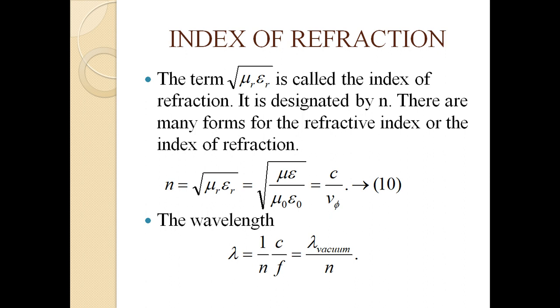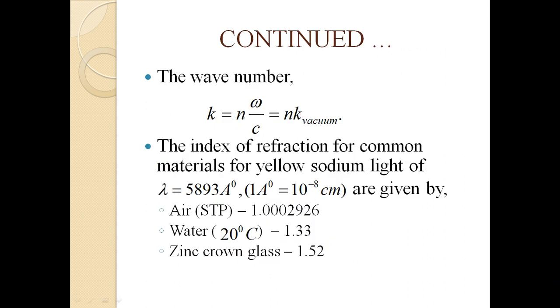The wavelength lambda is modified as 1 by n into c by f, that is, lambda in vacuum divided by n. Similarly, the wave number k is changed to n k vacuum, where k vacuum is the ratio of omega by c.